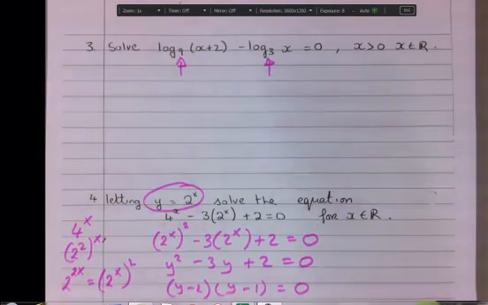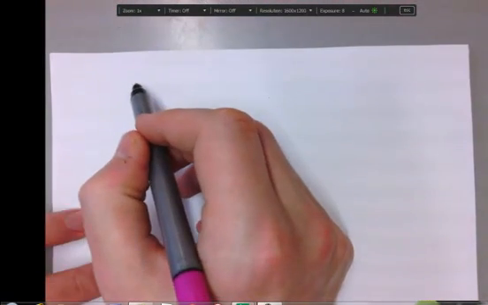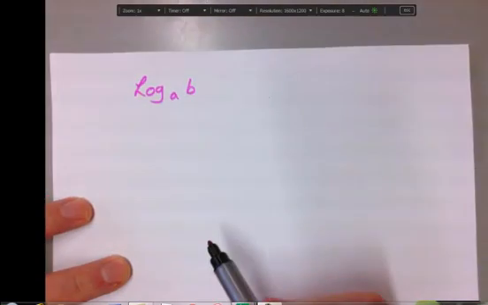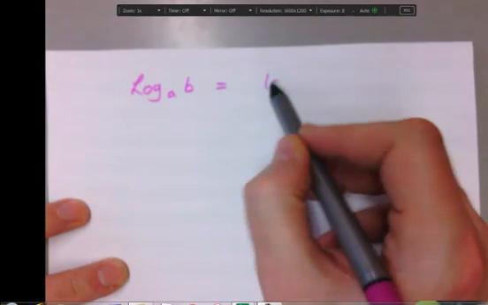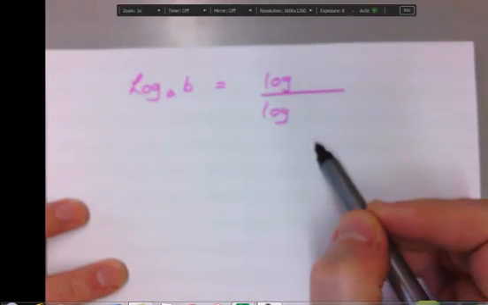So I'm going to show you a quick rule. It is one of the laws of logs, and it goes like so. If you have log to the base a of b, what you can do is change that to log base c of b over log base c of a.